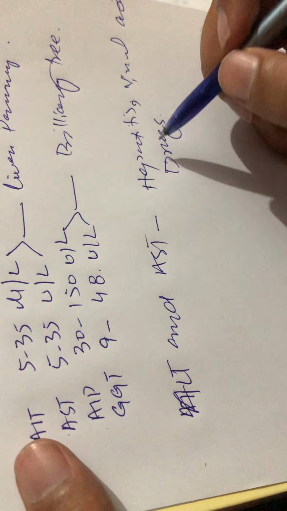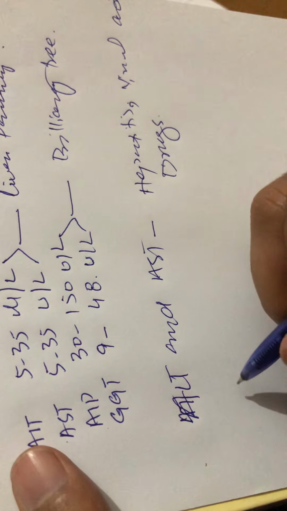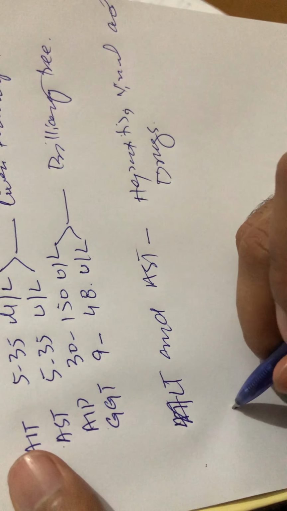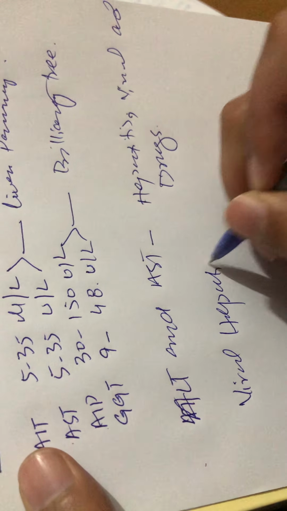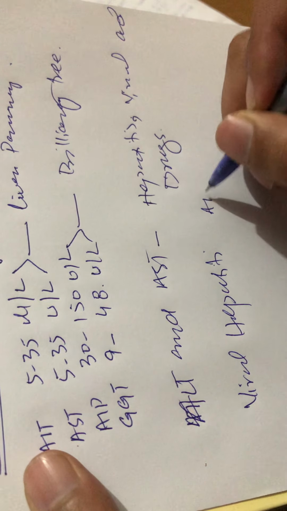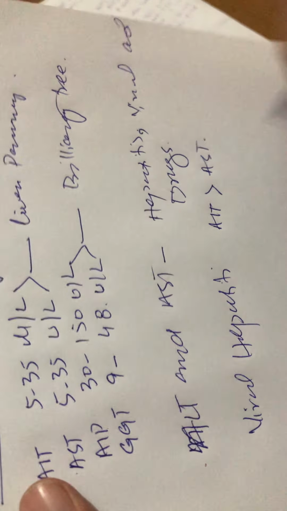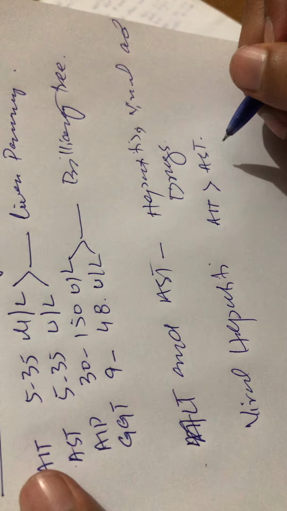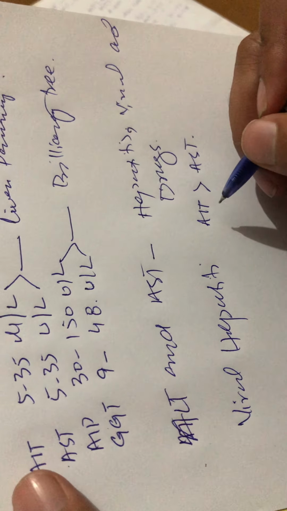To differentiate between viral hepatitis and alcoholic hepatitis, the difference is that in viral hepatitis, ALT is raised more as compared to AST. Although AST may also be raised, the thing which is more raised is ALT.